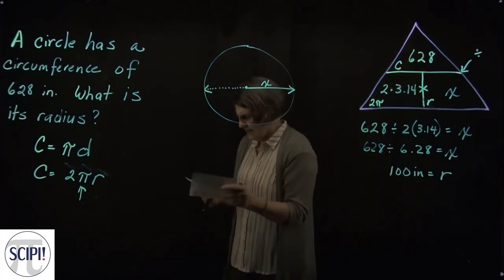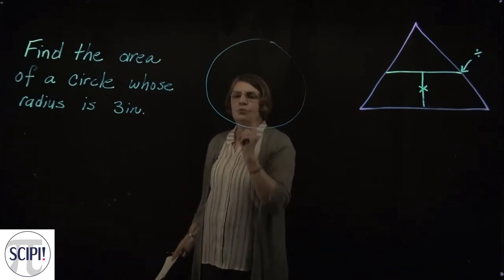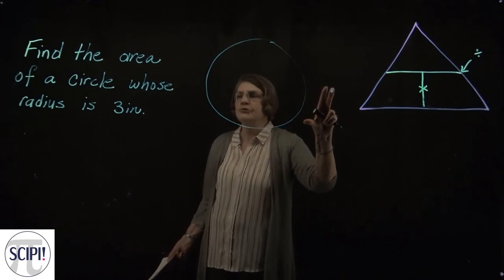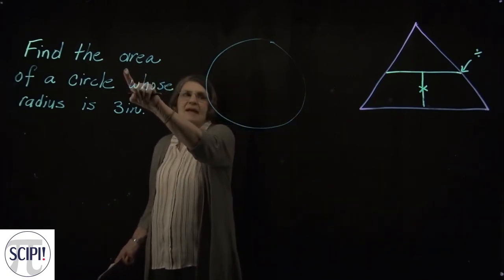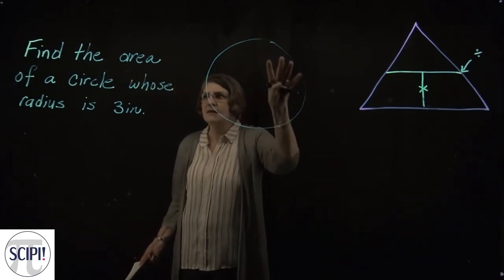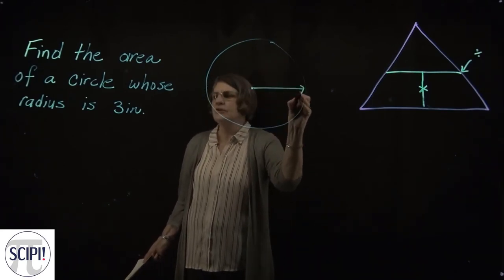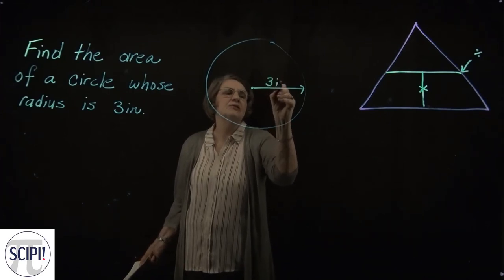Let's see what happens. All right, now we're going to do one more problem using our graphic organizer, and we're still going to talk about circles. This time we want to find the area, which is the inside of the circle. And we know the radius, in this particular case, is 3 inches.